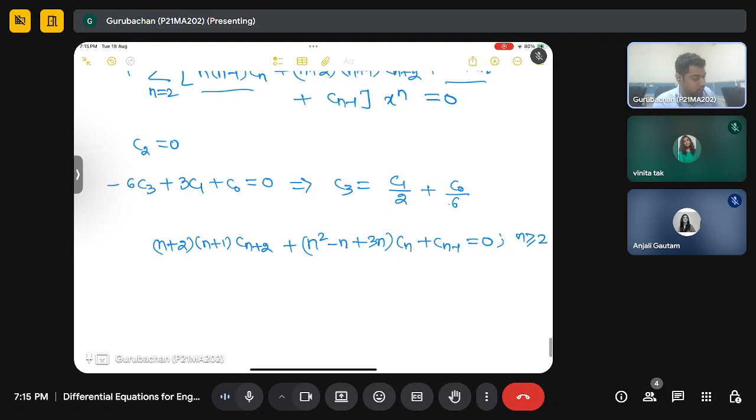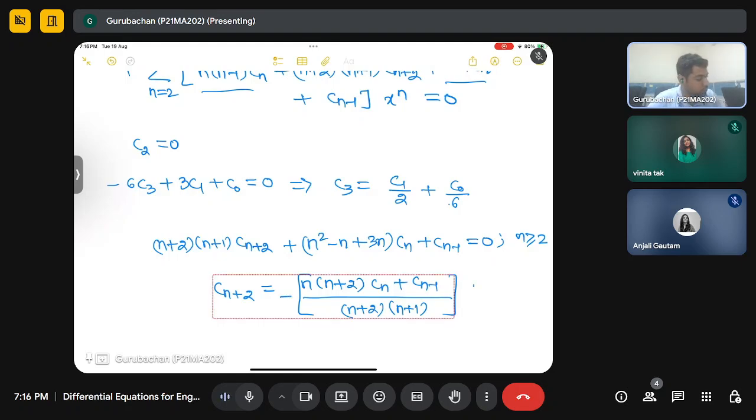So from here you will get Cn plus 2 is equal to minus n into n plus 2, that is n squared plus 2n, times Cn plus Cn minus 1, divided by n plus 2 into n plus 1. This expression is valid for n greater than or equal to 2.